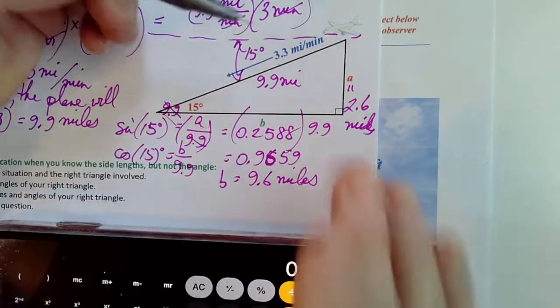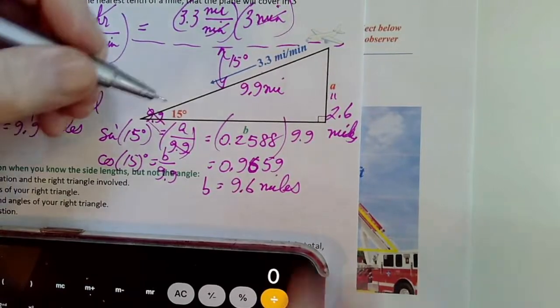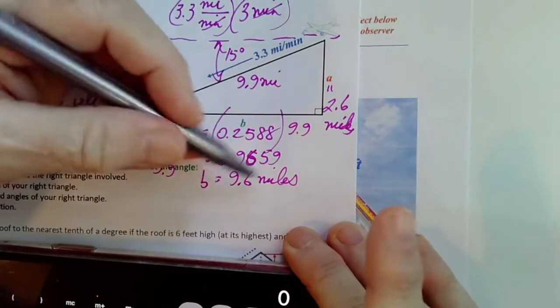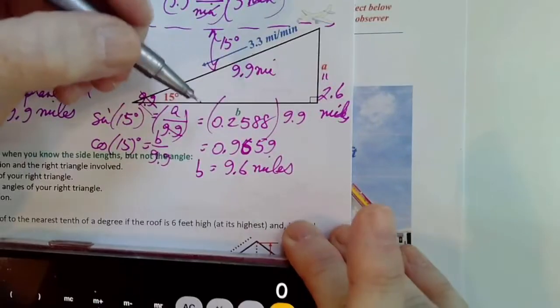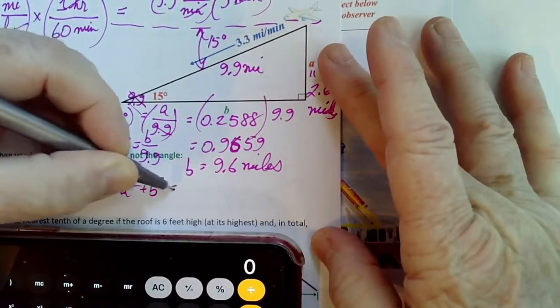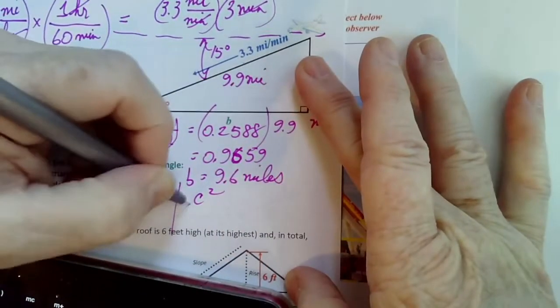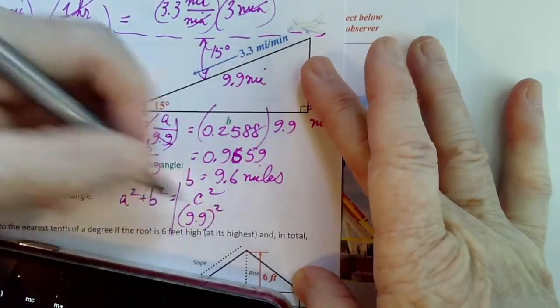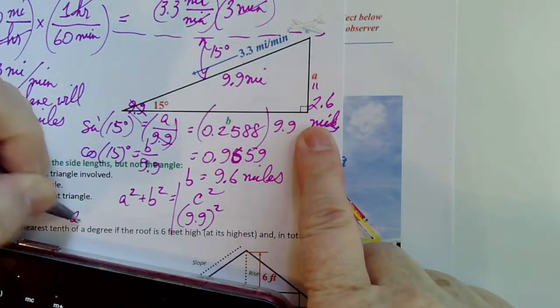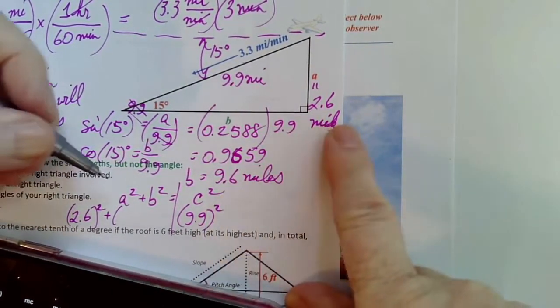distance. And just for fun, let's check our values for A, B, and C using the Pythagorean theorem. So let's see, A squared plus B squared is C squared. And C was 9.9. A was 2.6. And B was 9.6.